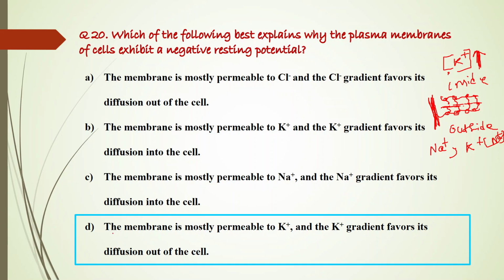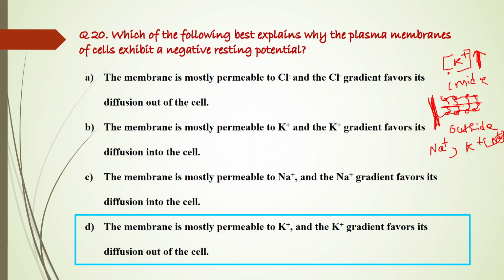That means the membrane should be, or the membrane is, mostly permeable to K plus. If the membrane is mostly permeable to K plus only, then only the K plus concentration inside the cell will remain higher.